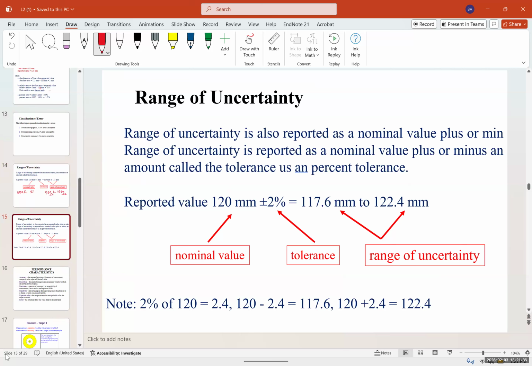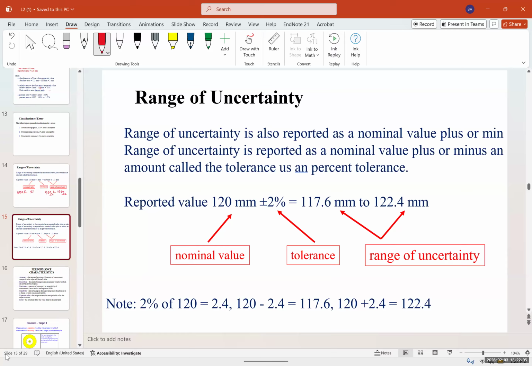Now, the range of uncertainty could also be expressed as a percentage, as I mentioned. So instead of adding a certain number, you can add a percentage. For example, the nominal value is 120 millimeters plus or minus 2%, which is our tolerance.